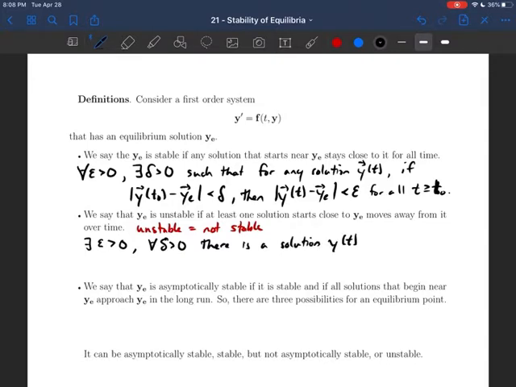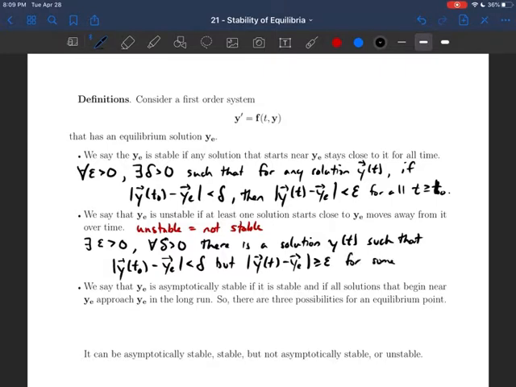So the negation of this is that there exists an epsilon greater than 0, such that for all delta greater than 0, there is a solution y of t such that the initial point is within delta units of the equilibrium, but a later point is not within epsilon units.